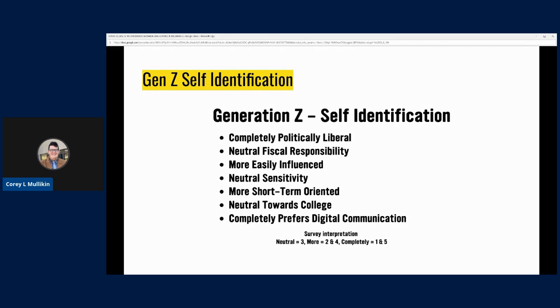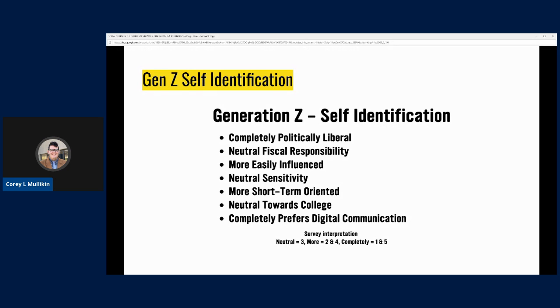The first question asked was about the political scale they fall on. Are they more liberal or more conservative? Left-leaning, right-leaning? And I used a 1 to 5 scale on all of these. I was surprised to see Gen Z said that they were almost completely politically liberal. Now, this does not mean all responses said that it was liberal.